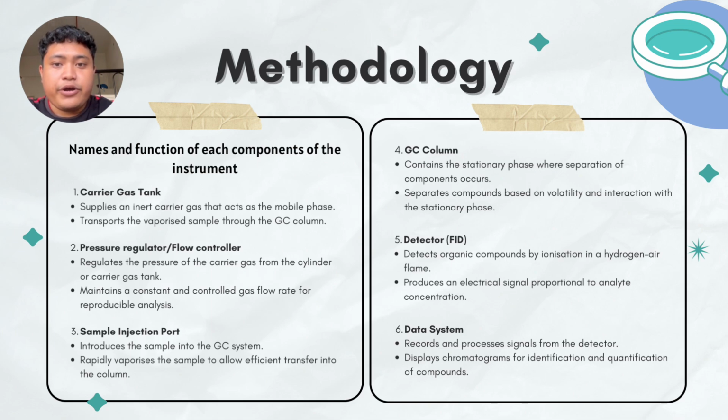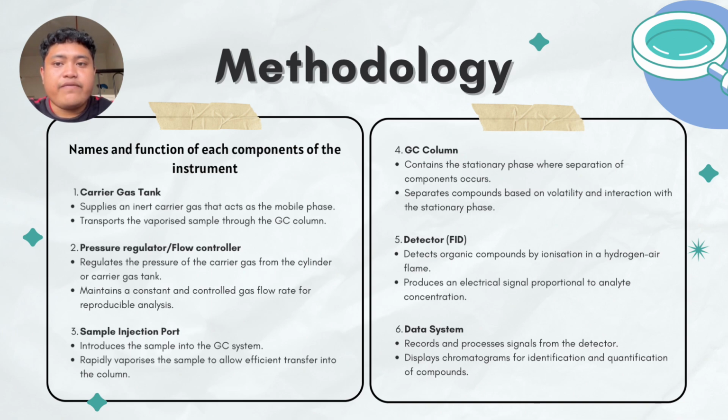It transports the vaporized sample through the GC column. The second one is the pressure regulator and flow controller. It regulates the pressure of the carrier gas from the cylinder, or carrier gas tank. It also maintains a constant and controlled gas flow rate for reproducible analysis.